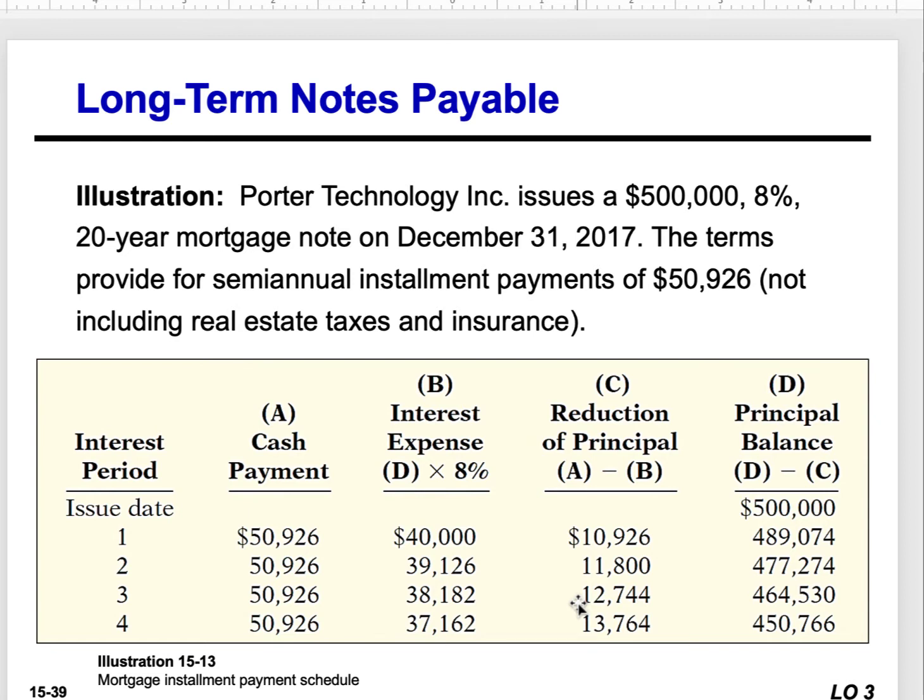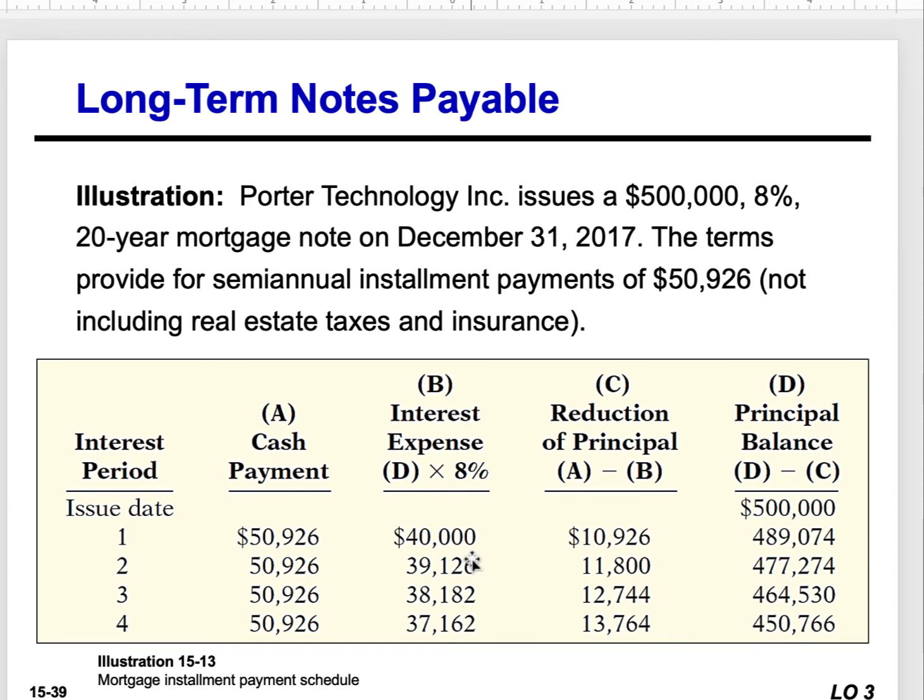Before this third payment, the principal balance was $477,274. Minus the reduction in principal from that third payment of $12,744, my principal balance after this third installment payment has been made is $464,530.